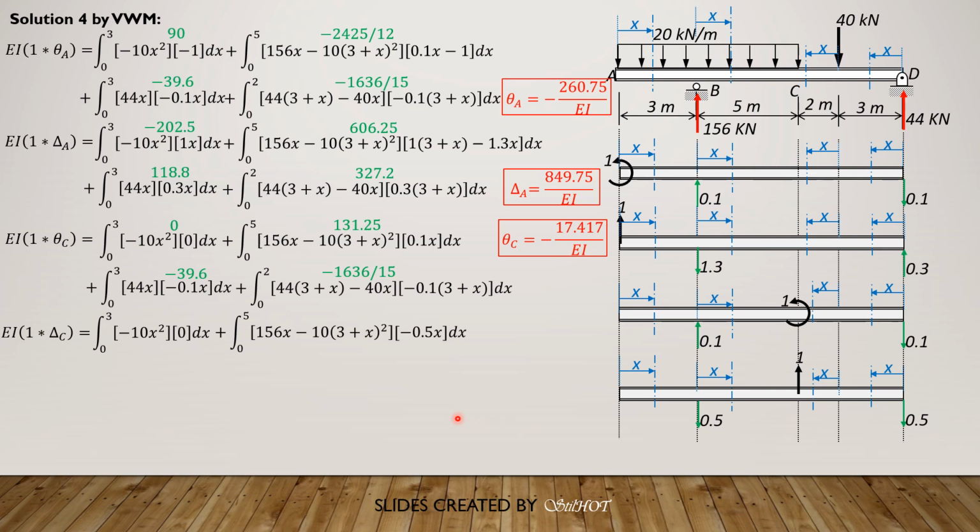That's the moment. The first integral is 0. The second is negative 656.25. The third is negative 198. The fourth is negative 1636 over 3. Combining, so delta C is equal to negative 3099.583 over EI, just like in the other methods.